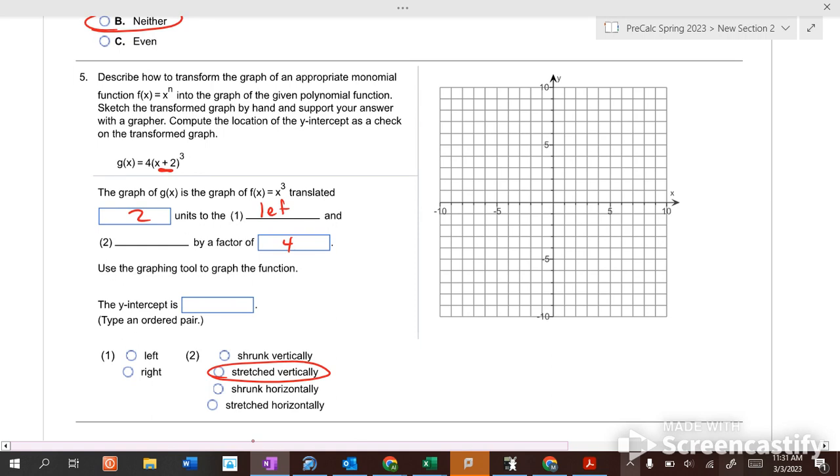So 2 units to the left is right here. Instead of going over 1 up 1, I'm going over 1 up 4. So it's a really skinny graph like this. Okay? And then instead of going over 2 up 4, I'm going over 2 up 16. Okay? So the y-intercept is at 16.